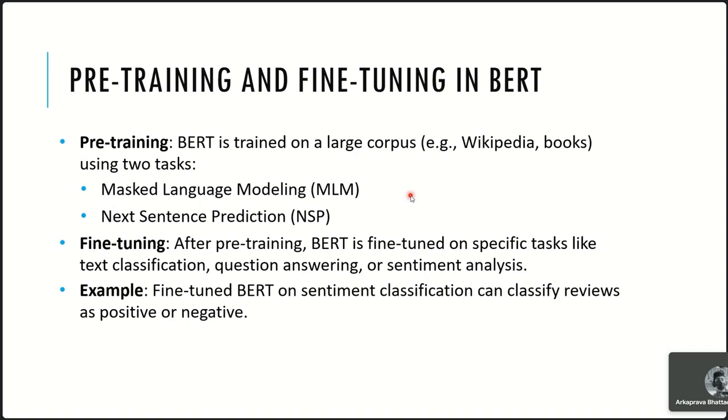And in order to work with BERT, you need to have a pre-trained model. First and foremost, BERT is trained on a large corpus using masked language modeling and next sentence prediction.